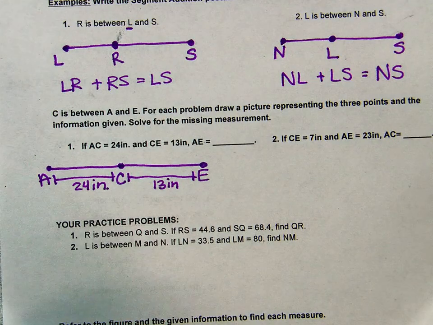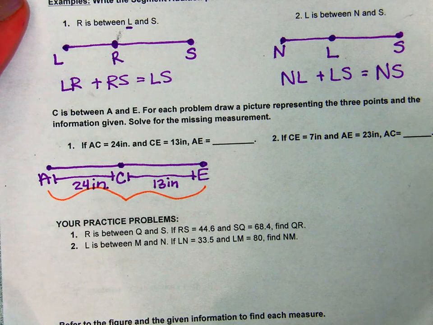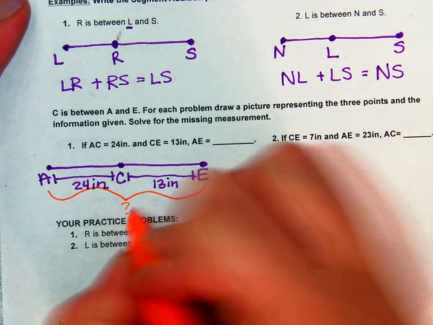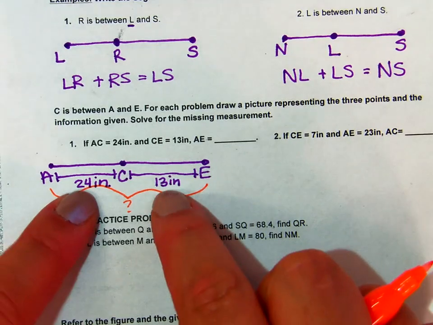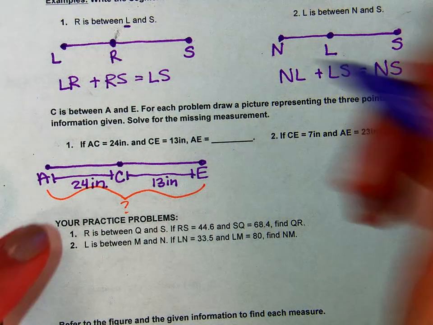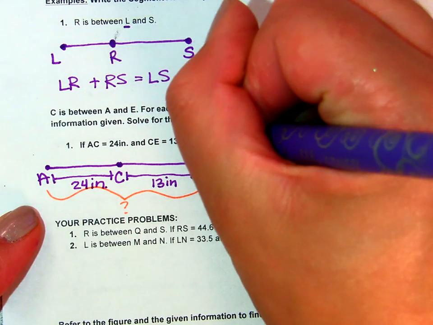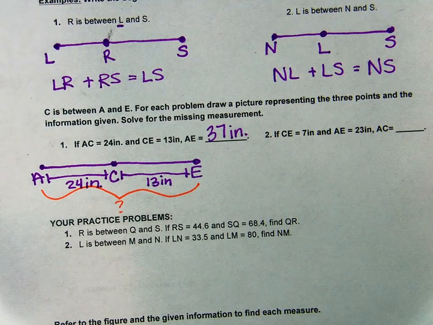This problem is asking me, how long is the whole segment? How can I figure out how long it is? Simple, just by adding these two things together. So 24 plus 13 gives me 37. So the whole segment is 37 inches.